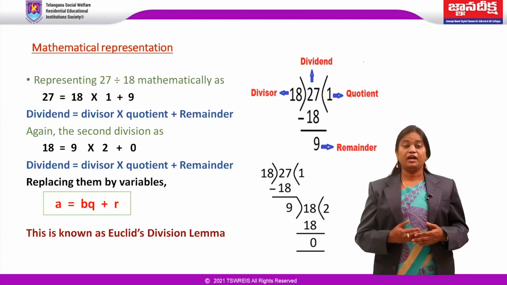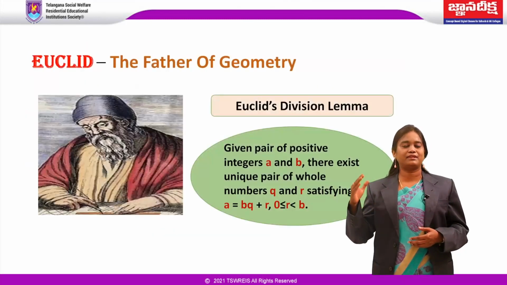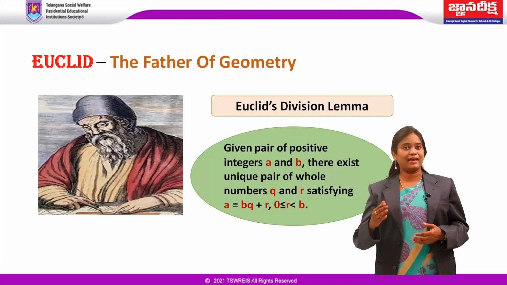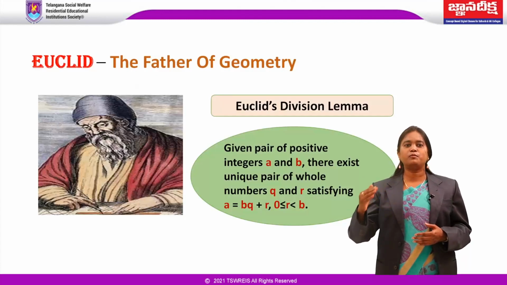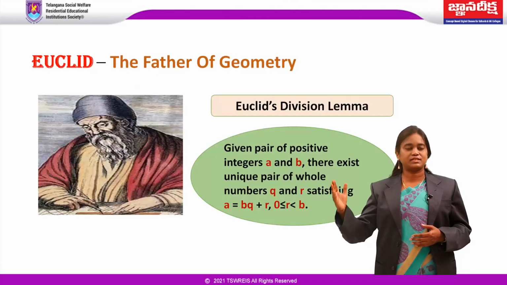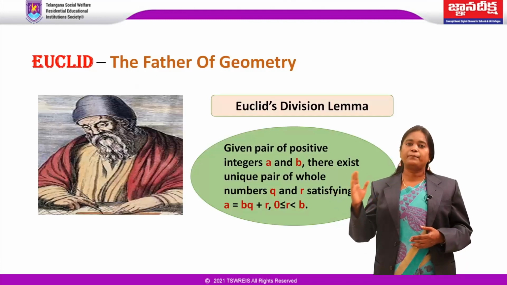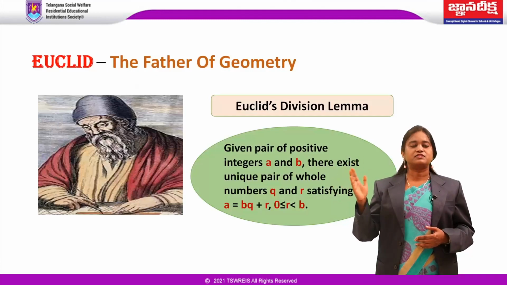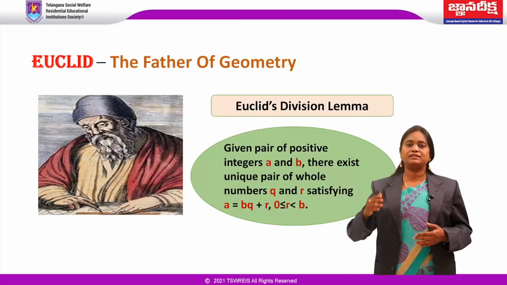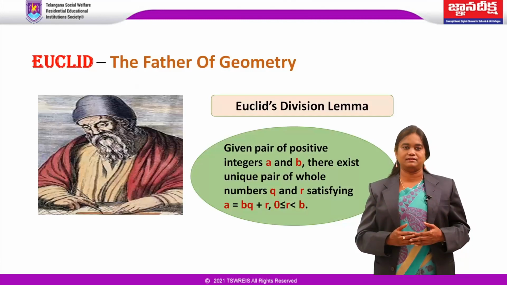The Greek mathematician Euclid, often referred to as the father of geometry, came up with an idea and proved that whenever two positive integers, say A and B, are divided, we get two more positive integers, say Q and R, in the form of quotient and remainder, and they can be arranged as A is equal to BQ plus R, where 0 is less than or equal to R is less than B, which means the remainder can be either 0 or cannot be greater than the divisor.